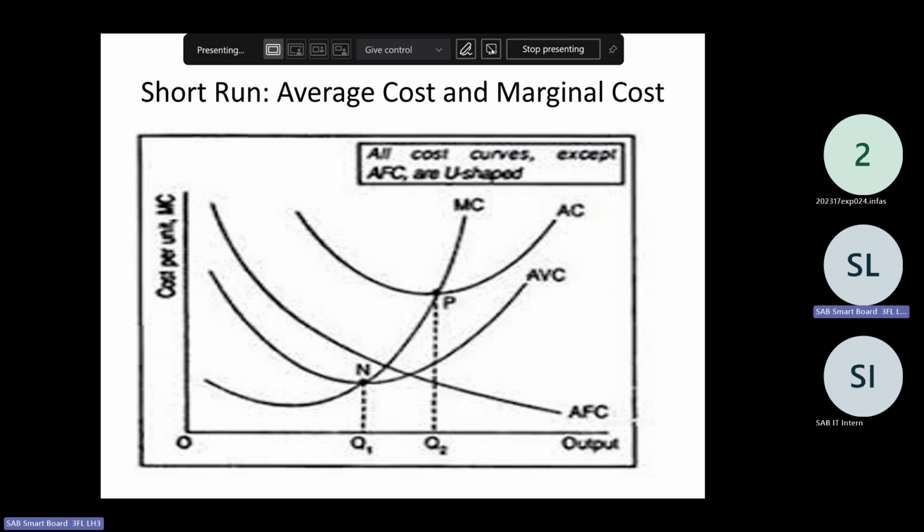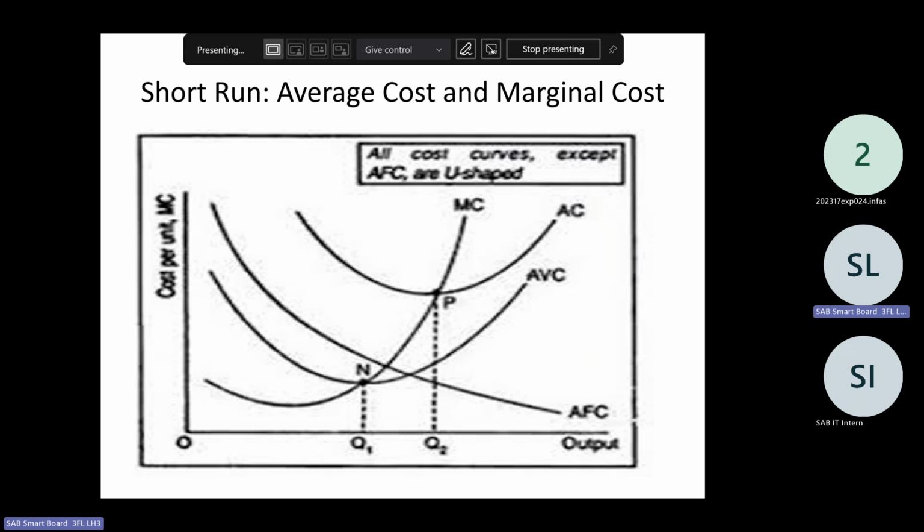The minimum points of the average variable cost and the average total cost are two different points, at two different output levels. Average variable cost is minimized at the Q1 output level, and average cost is minimized at the Q2 output level.